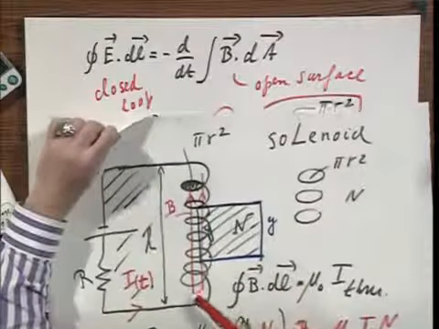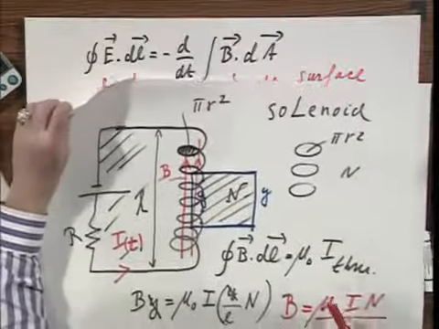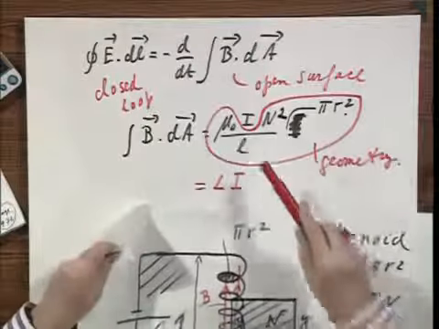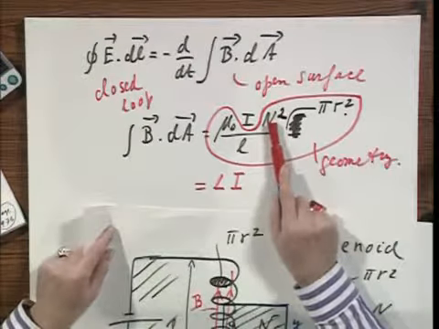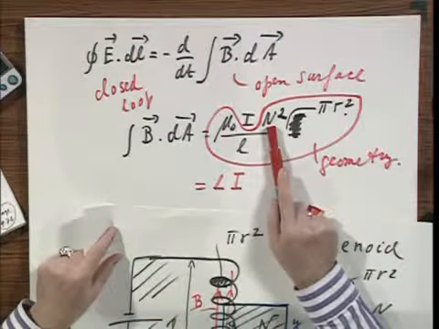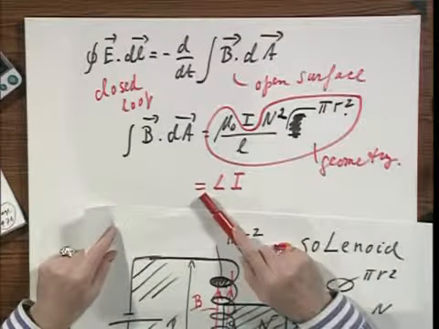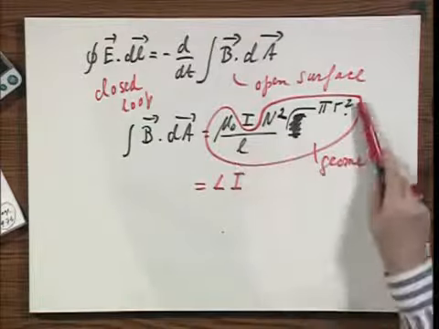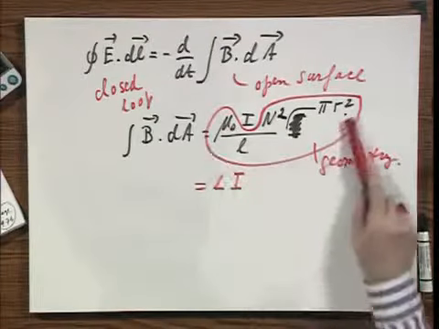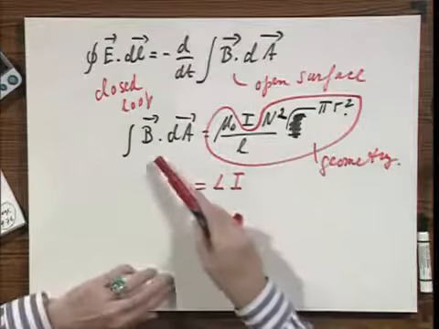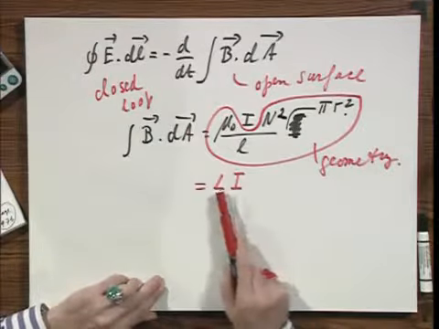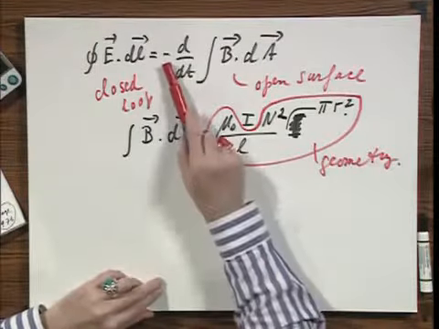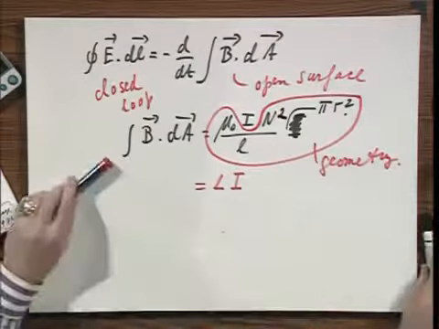One n comes in when you calculate the magnetic field, that's proportional with n. And the other n comes in when you recognize that the current pokes n times through that surface. Okay, and so this is the magnetic flux going through my open surface. And if you ever need the time derivative, then you would get L dI/dt. And of course you have here this minus sign.